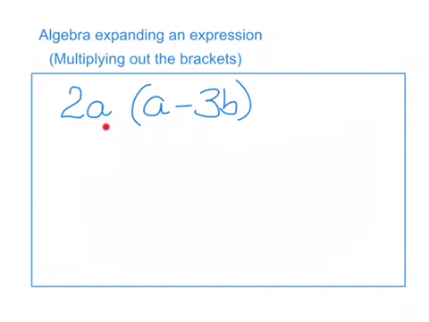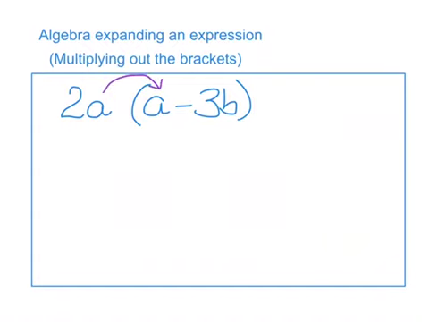Here I've got a 2a outside of the bracket, and then inside the bracket I've got a subtract 3b. The 2a outside the bracket means that this is multiplied by this whole bracket. Everything in here has got to be multiplied by 2a. So imagining the cat's claw coming over, I've got 2a multiplied by a.